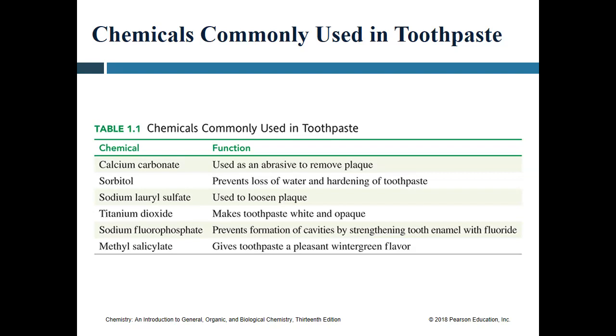It's put into the toothpaste to be rough so that it helps to scrape off the stuff that's stuck to your teeth. Things like sorbitol, titanium dioxide, methyl silicate. The purposes of all those are that they each serve some particular function associated with the toothpaste itself. And that's completely okay.